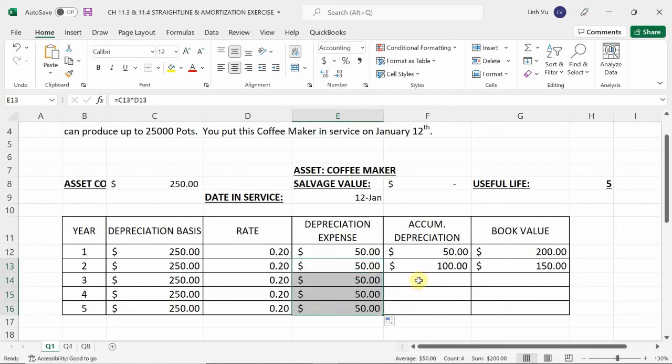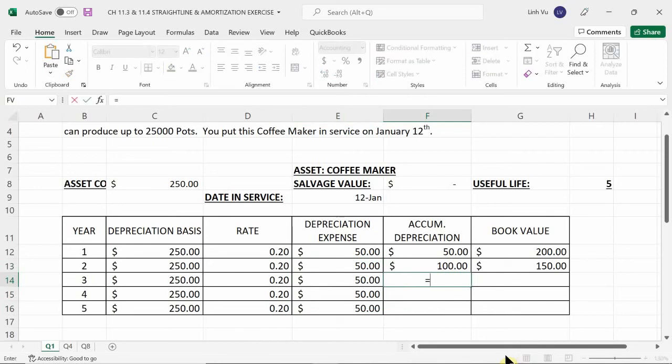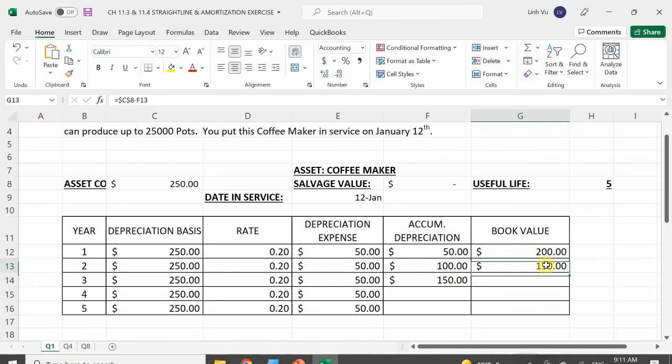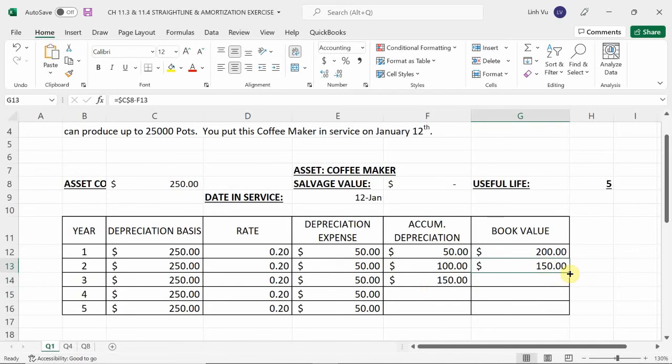So then my accumulated depreciation for the third year, what is it? 50 with 100, 150. And your book value? 250 minus 150, 100.